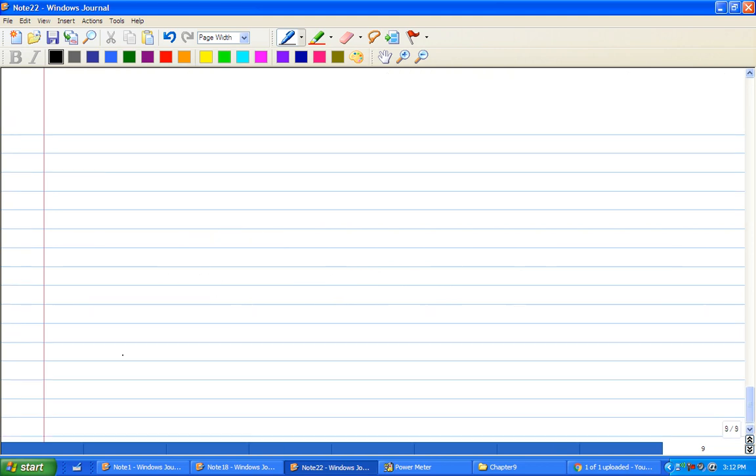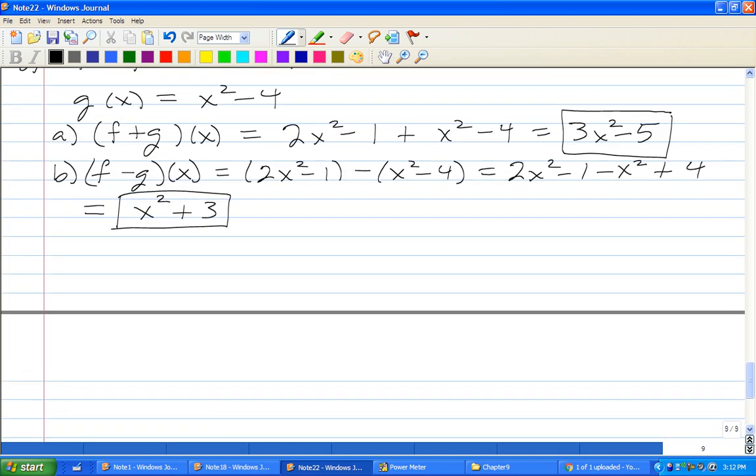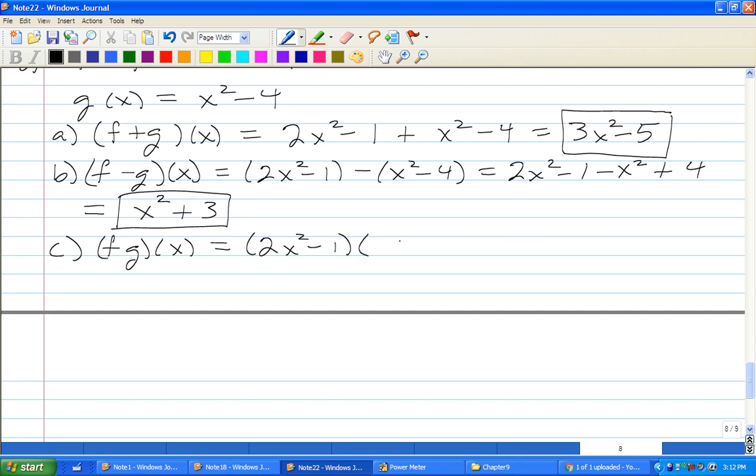Let me do part C. F times G. Well, this is just 2x squared minus 1 times x squared minus 4. Maybe I'll multiply it out. So this is equal to, let's multiply, use the distributive property.